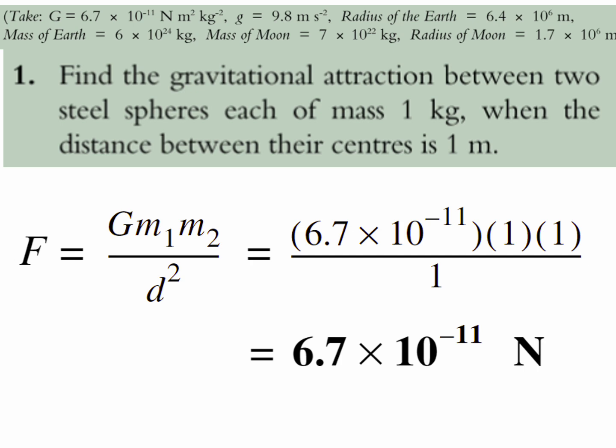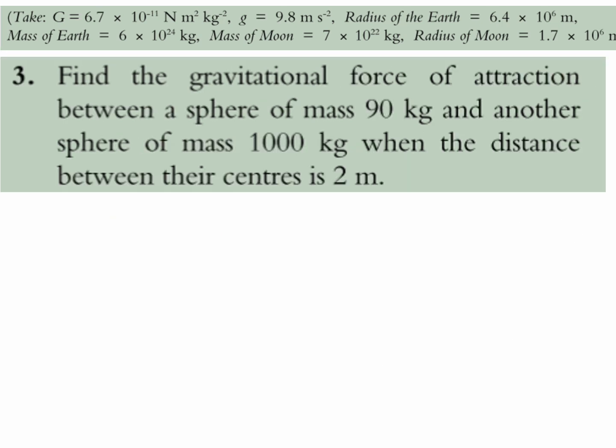Then question 3 and 5, you had different values using the same formula. So question 3 asked you to find the gravitational force of attraction between a sphere of mass 90 kilograms and another sphere of mass 1000 kilograms when the distance between the centres was 2 meters.